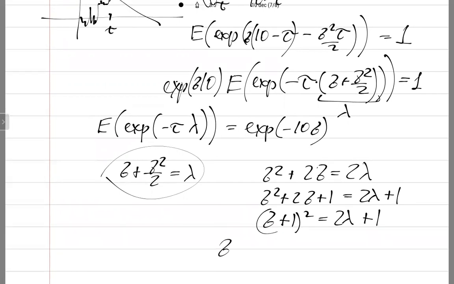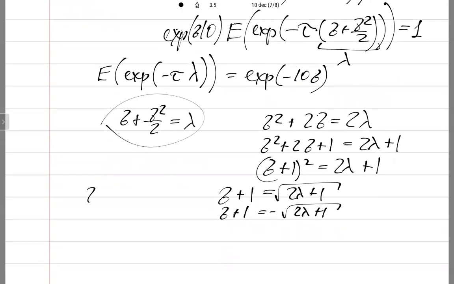So sigma plus 1 is either the square root of 2 lambda plus 1, or sigma plus 1 is minus the square root of 2 lambda plus 1.